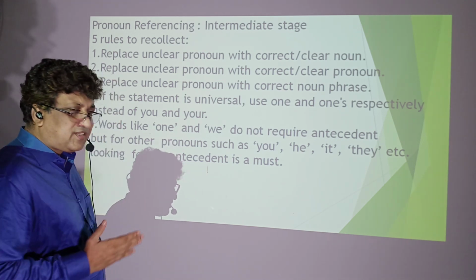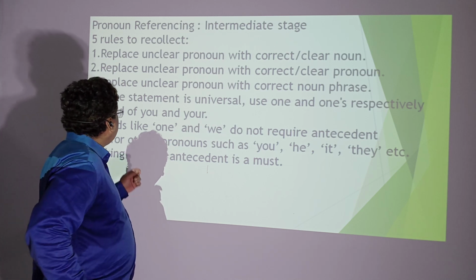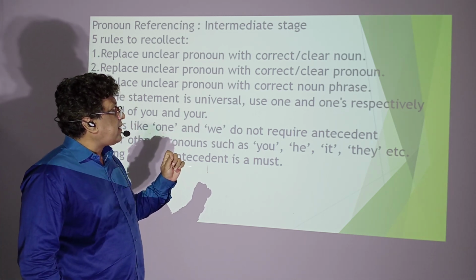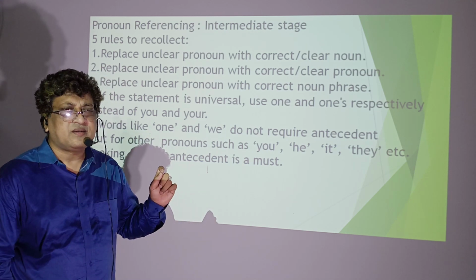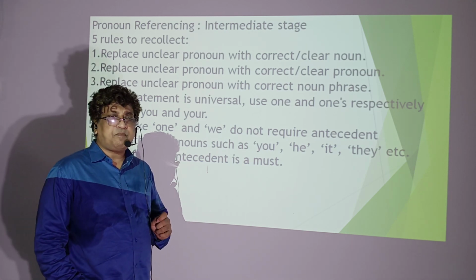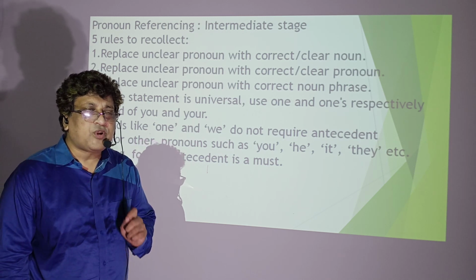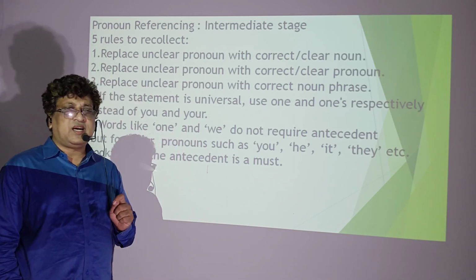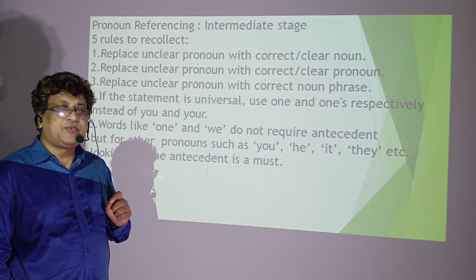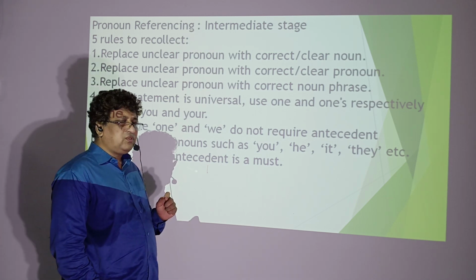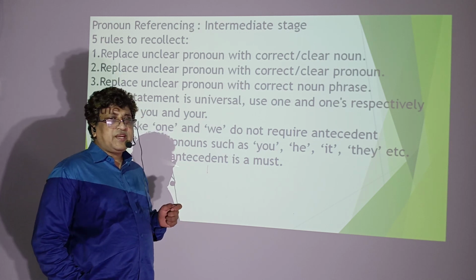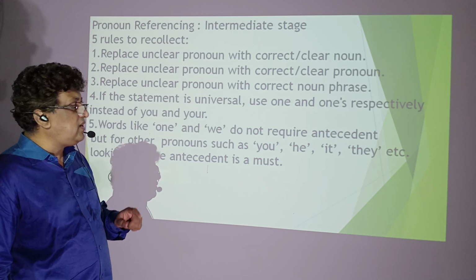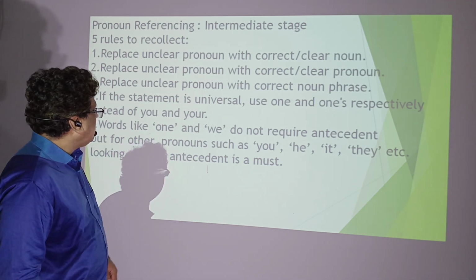We should first try to replace unclear pronoun with a correct or clear noun, because the purpose of pronoun reference is to make the use and position of pronoun very clear, and we can do that by replacing it with a clear, correct noun.